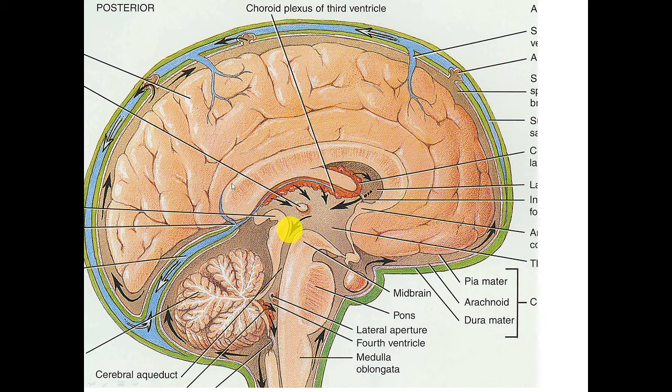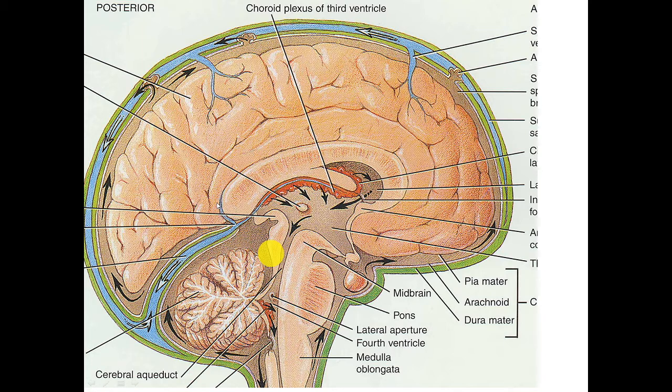So when something is flying at your face and you flinch and you blink and you move, that's a visual reflex caused by the superior colliculi of your corpora quadrigemina. Auditory reflexes are handled by the inferior colliculi. So the inferior colliculi are going to invoke a reflex like, let's say you hear a really loud noise that catches you off guard.